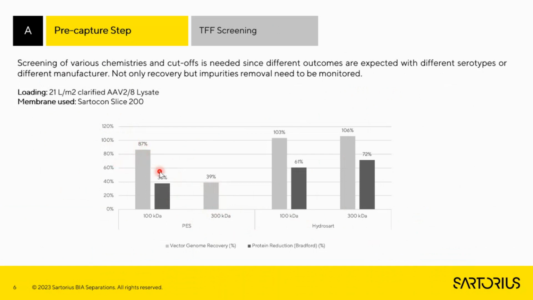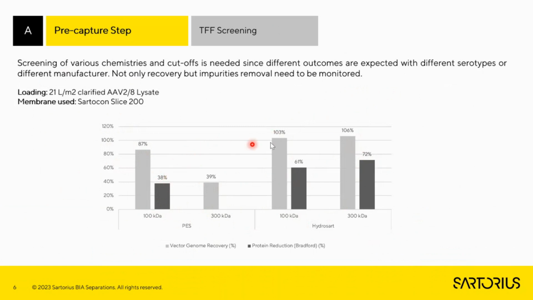We have a bit better recoveries at the 100 kilodalton, but reduction of proteins is lesser compared to the one obtained at Hydrosart, where we have basically full mass balance or full recovery, and we also intend to switch from 100 to 300 kilodalton because we get a better reduction of proteins.